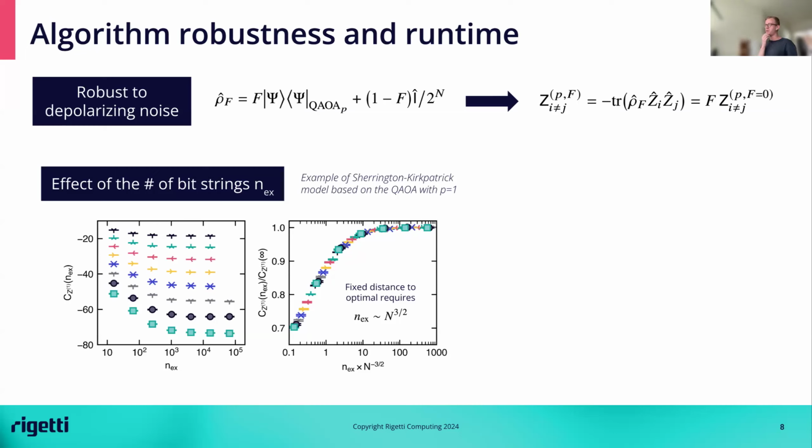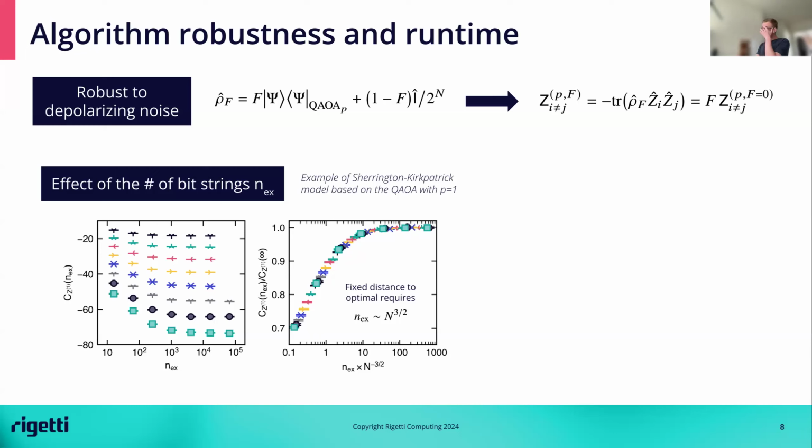With this value of minus 3/2, we find that all the data points seem to collapse onto each other. We don't really have an explanation for that, or for why 3/2, but what it means in practice is that the number of bit strings that we need to achieve a given accuracy should scale polynomially with n.